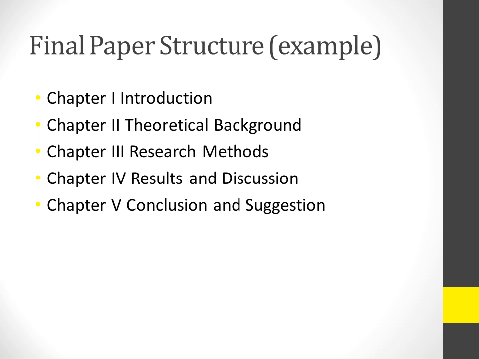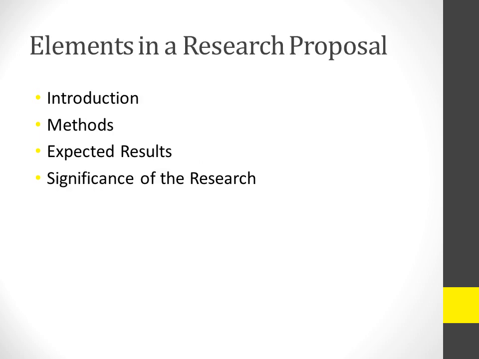So in some paper templates you also need to write down the concepts and theories and not only the previous research. Chapter 3, research methods. Chapter 4, results and discussion. This is actually the synonym for findings. And the final chapter, conclusion and suggestion.